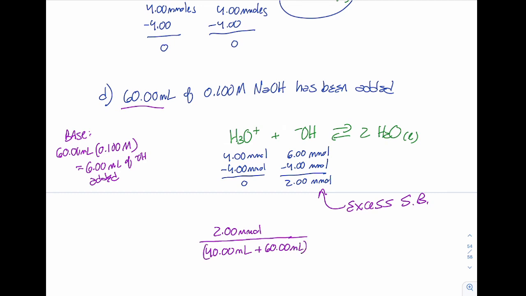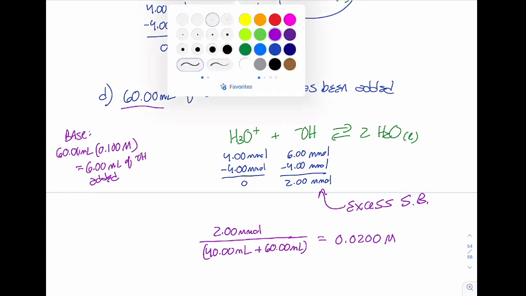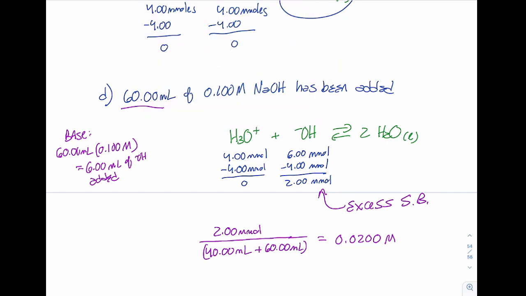So I actually have 100 milliliters total. So I have a 0.0200 molar hydroxide ion concentration, right? This equals my concentration of hydroxide ions.